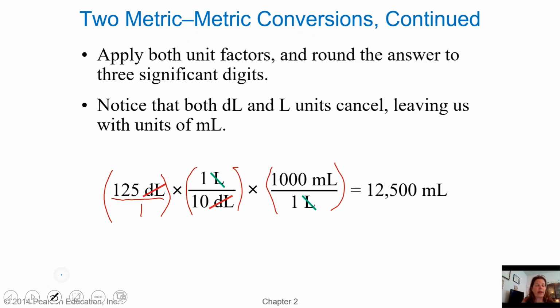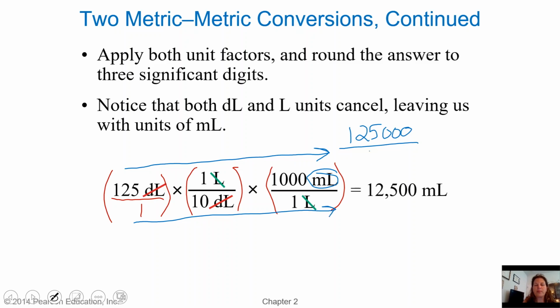What I am left with is milliliters, and that's perfect because that's exactly what I want. Now, to mathematically solve this, I like to take the whole top and multiply it together to get an answer. Okay, in this case, it's going to be 1, 2, 5, 1, 2, 3. Okay, and then divide by the whole bottom multiplied together. Okay?